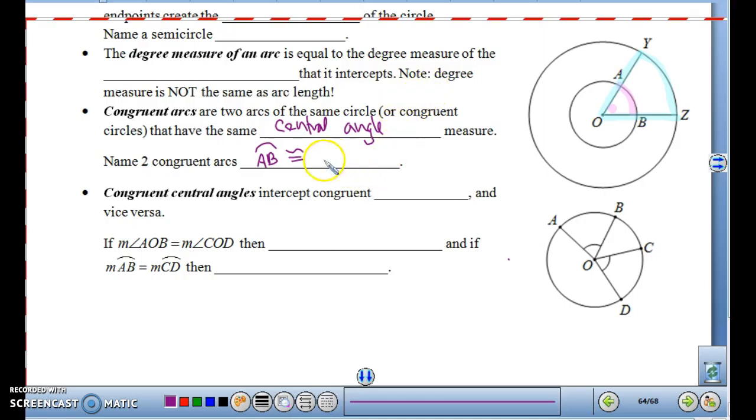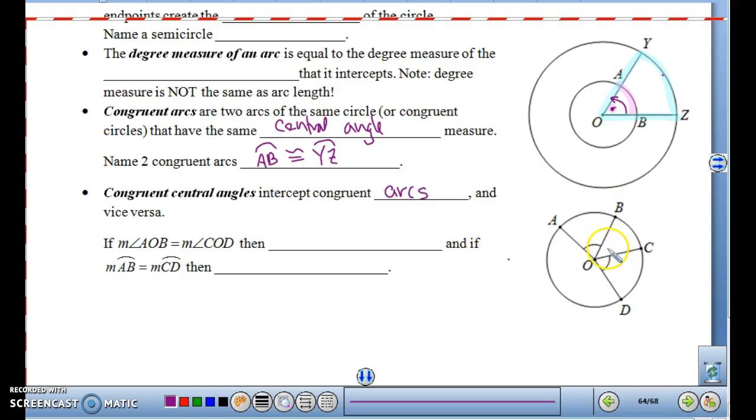So AB will be congruent to YZ for arc measure, excuse me, degree measure. Because they intercept the same degree measure here, that angle is the same for both this and this rotation. All right, congruent central angles intercept congruent arcs and vice versa.